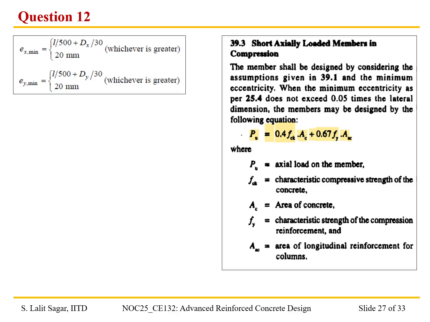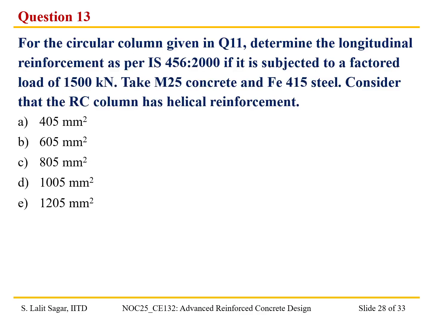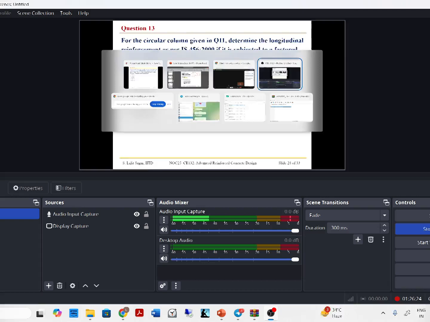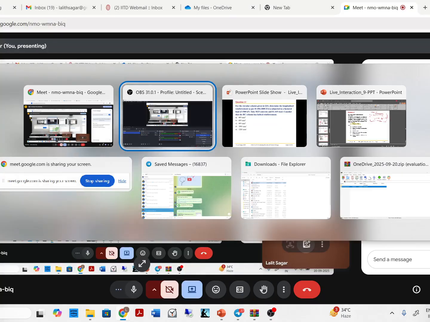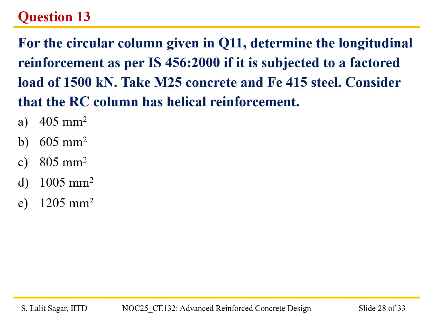For the circular column given in question 11, determine the longitudinal reinforcement as per IS 456-2000 if it is subjected to a factored load of 1500 kilonewton.